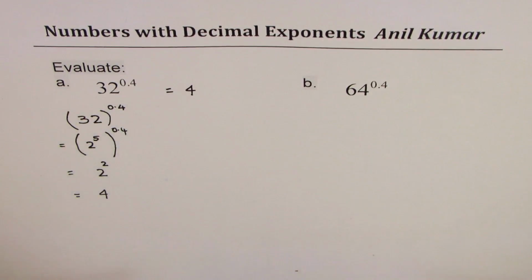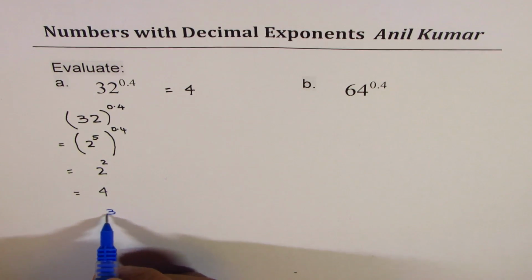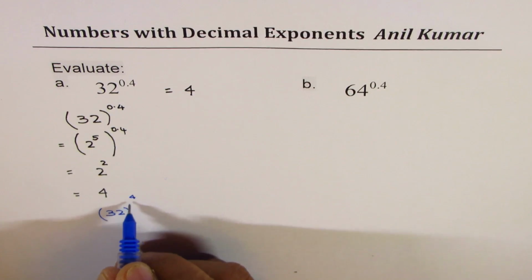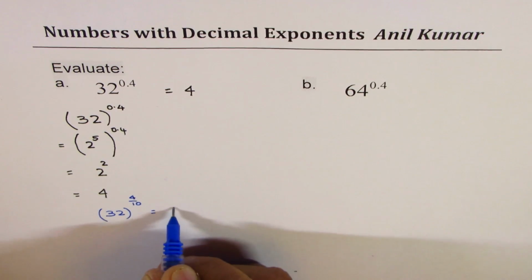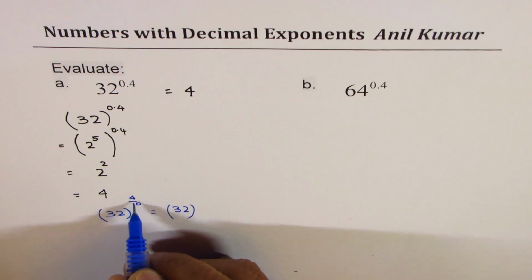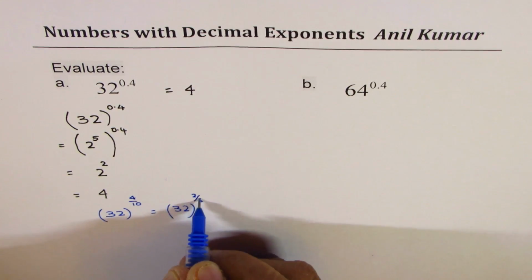What you could also do here as an alternate method is write 0.4 as 4 over 10, which means 32 to the power of, dividing both by 2, 2 over 5.